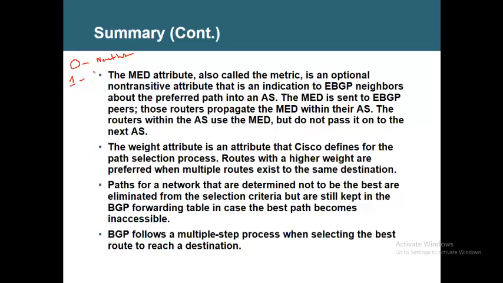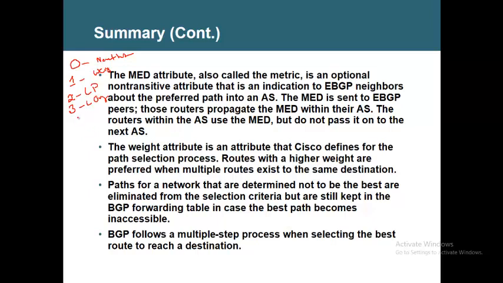So weight, if it is a tie, then it goes with the neighbor whose local preference is high. If local preference is also a tie, then it goes with local origin. Local origin will have next hop 0.0.0.0, so automatically weight will be 32768 for that.